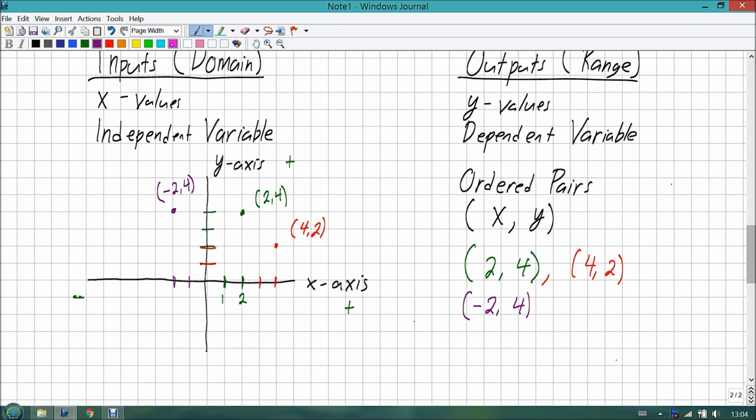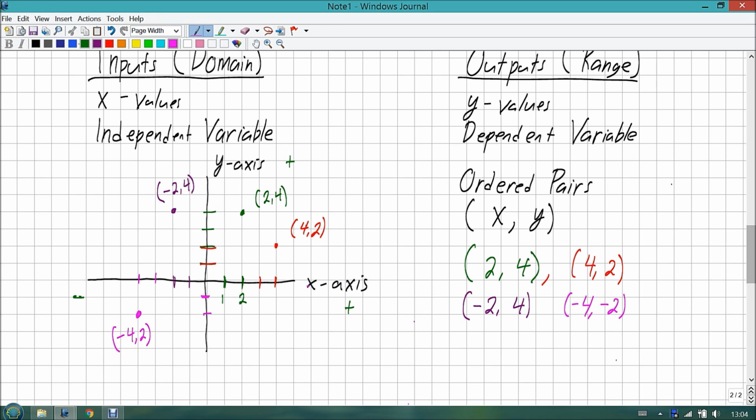And what about the very manly point (-4, -2)? Well, then I go to the left 4 spaces, and then I go down 2 spaces, so that I'm now at the point (-4, -2).